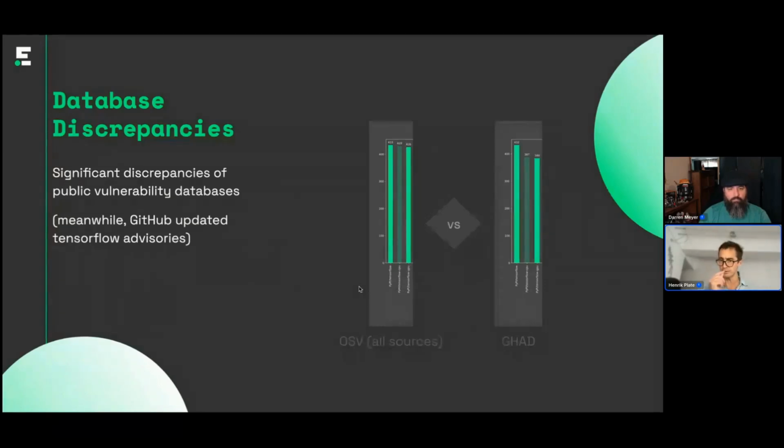We did a comparison against the GitHub advisory database, where we noticed this difference of roundabout 40 or so vulnerabilities for the TensorFlow CPU and TensorFlow GPU components.